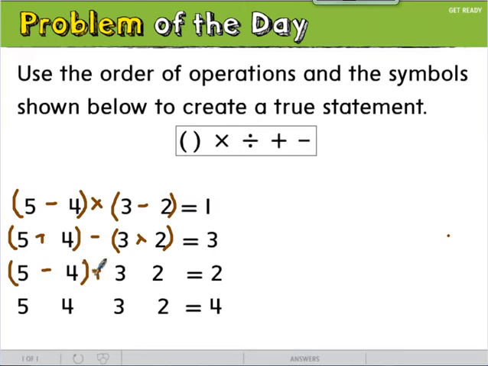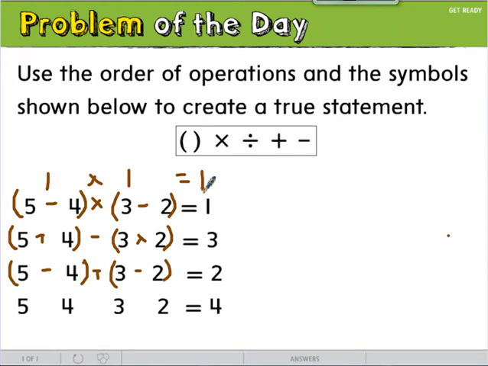Plus 3 minus 2. Now, you remembered up here we have 1 times 1 equals 1. So you just made it 1 plus 1 equals 2. Good job.